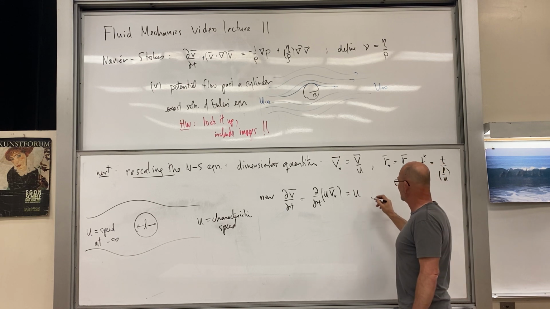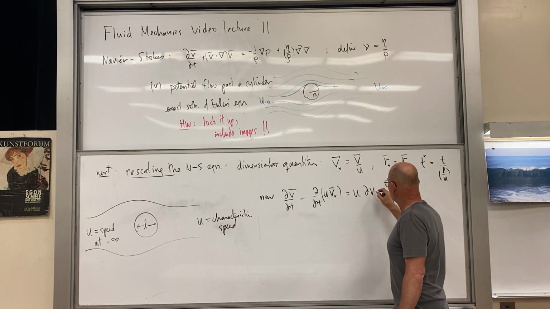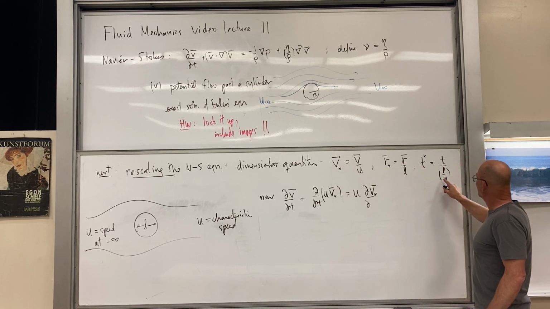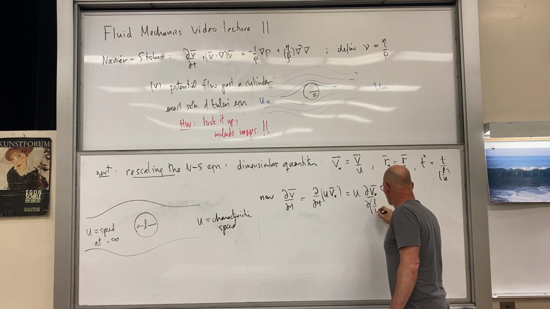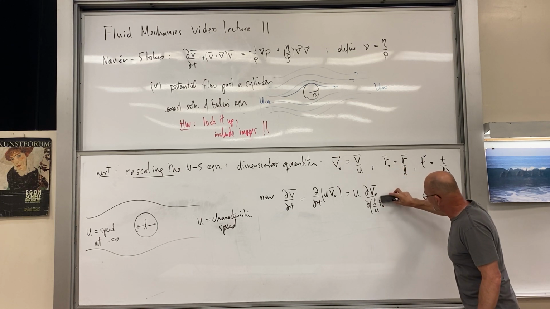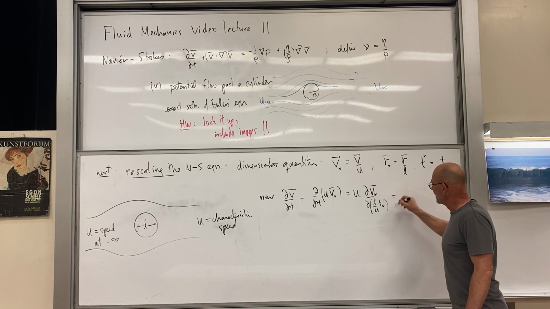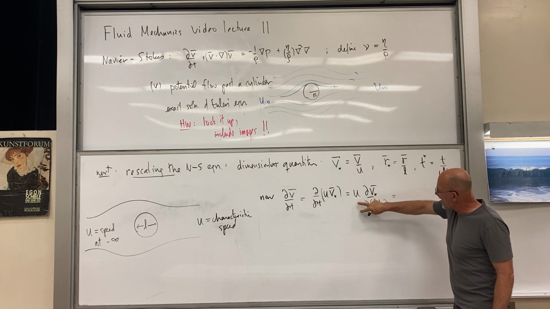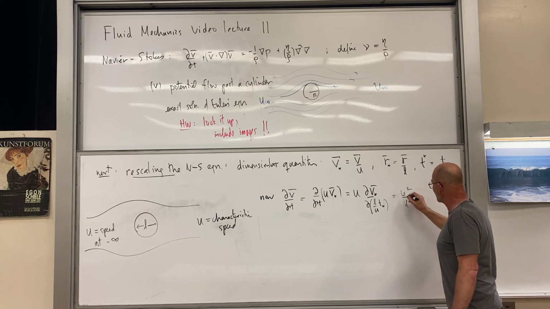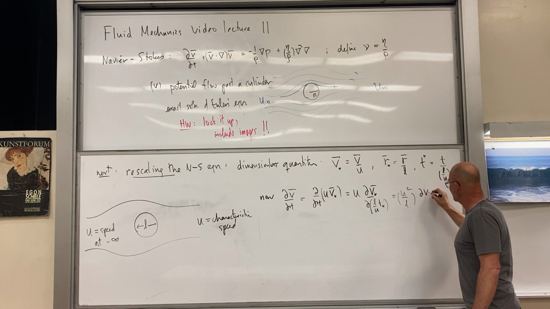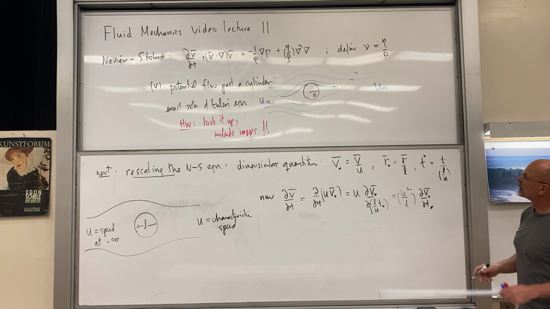Then we've got dV star, and our t is L over U times t star, so I'm just going to write L over U t star in the denominator. This too is just a constant, so we pull that out and invert it, and we'll have U squared over L times dV star/dt star. So that's the first term.